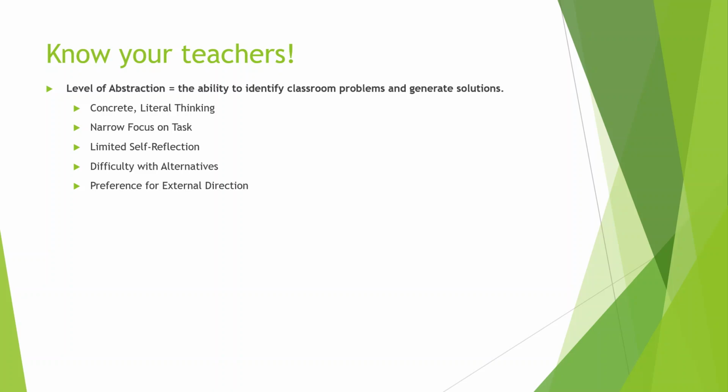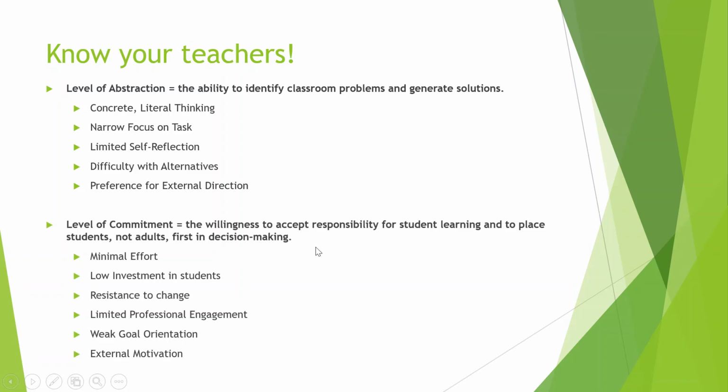They're concerned with the immediate lesson rather than long-term objectives. Or they're limiting their self-reflection. They can't really analyze or critique their own teaching style because, again, the next point says they have difficulty with alternatives. They're very used to doing things their way. So that would be a level of abstraction, really low level of abstraction.